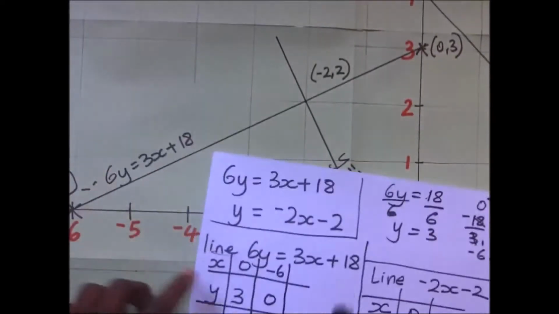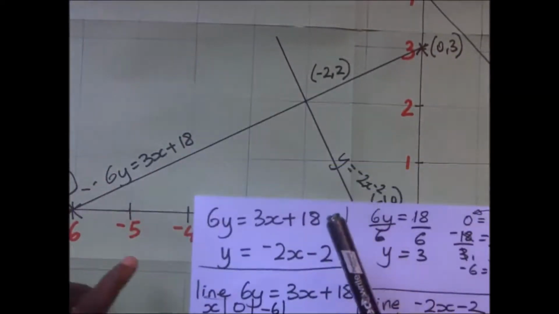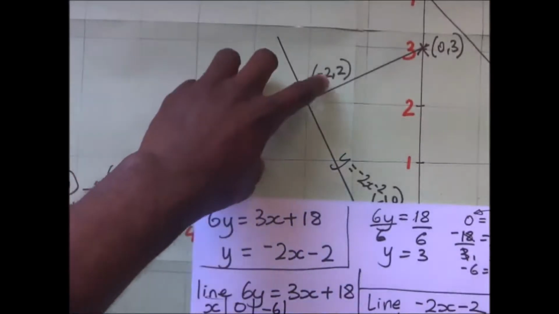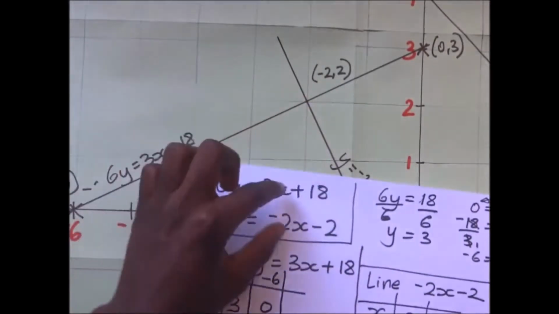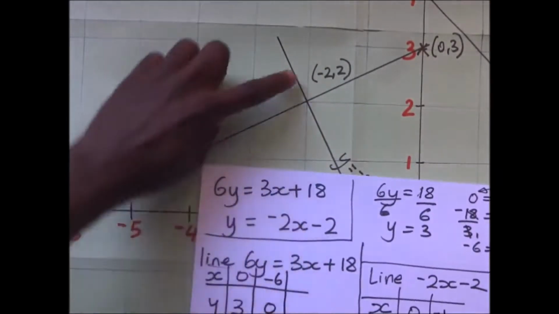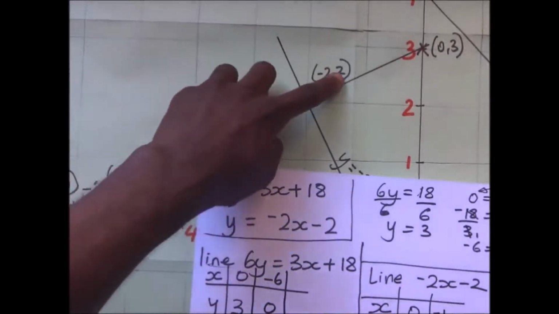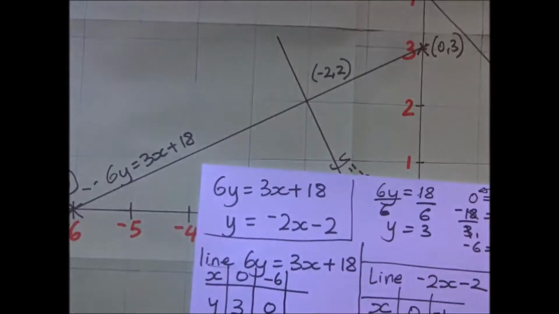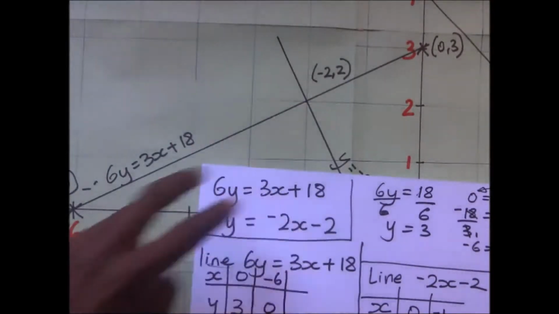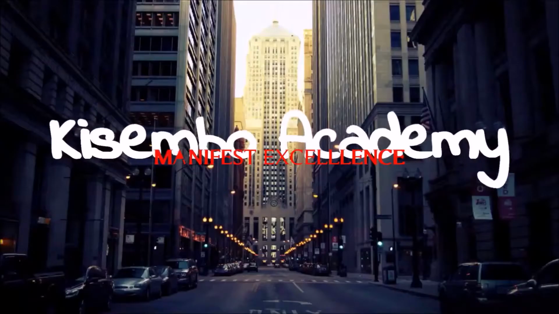Since now these two lines of these two equations, when you draw them, meet at that point of negative 2, 2, it means that as far as this simultaneous equation is concerned, the value of x here is negative 2, and the value of y here is 2, and that's the solution to the variables in this simultaneous equation.